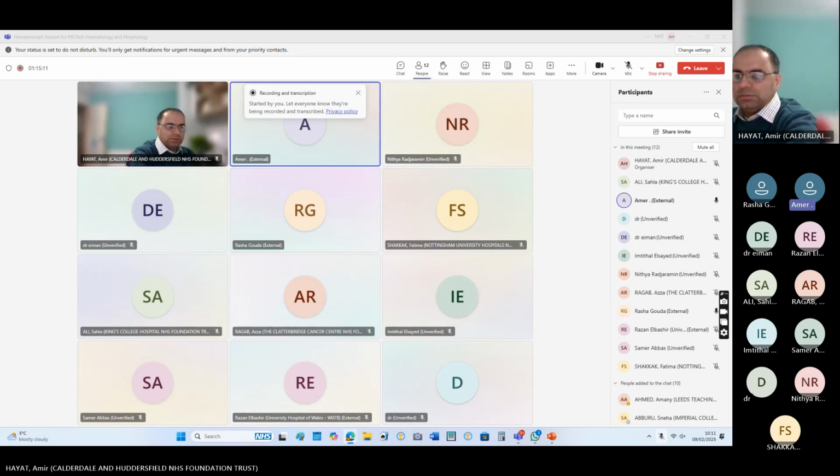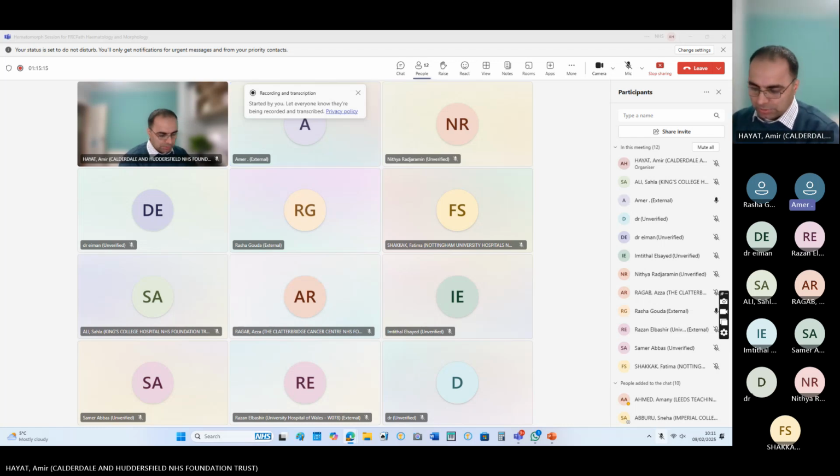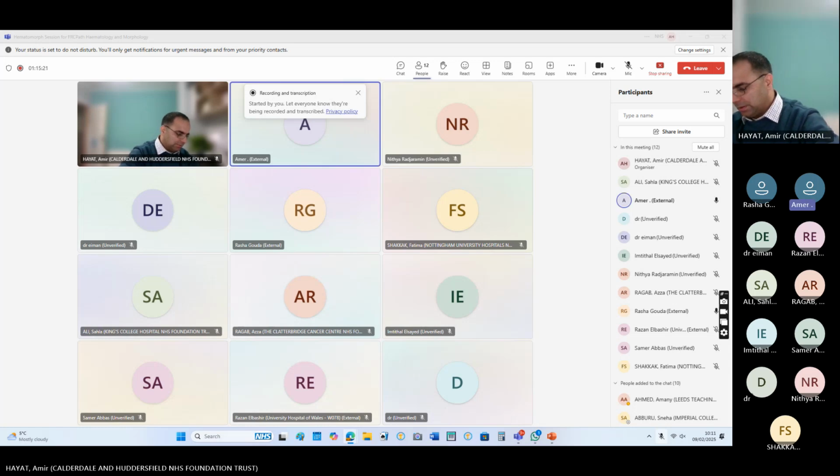If you are preparing for the part 2 exam, then I would advise you to join regularly and participate as well. If you can participate here, you will be good in the exam, because most of the people fail day 1 of the FRCPath part 2 exam, because people are having anxiety for the exam.